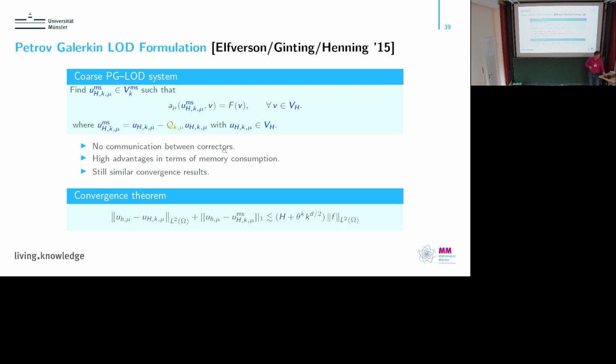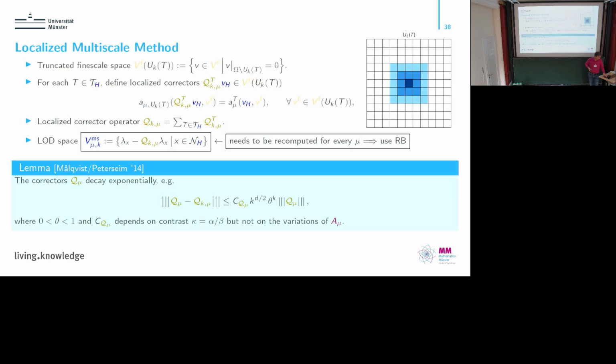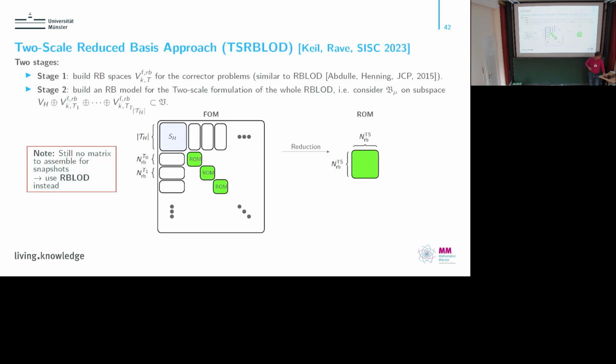And also, the same as in the LOD, you can use different sizes of oversampling layers in that bilinear form. And actually, so I will show you, this parameter k that we have here, this is the size of the oversampling layers.